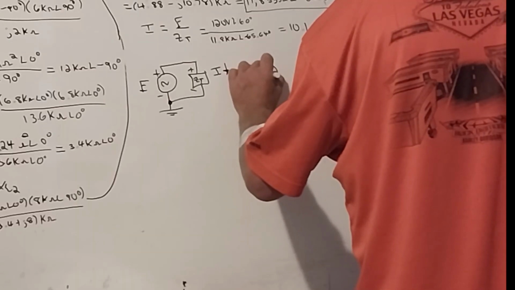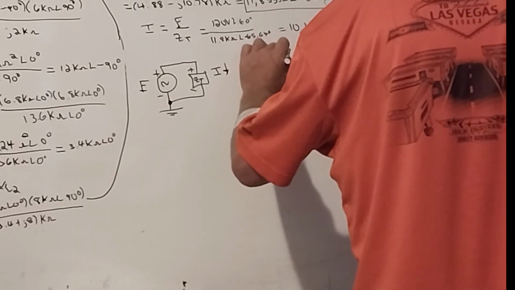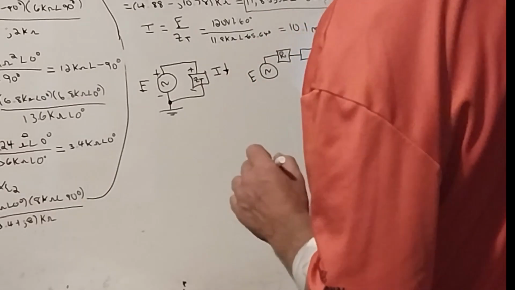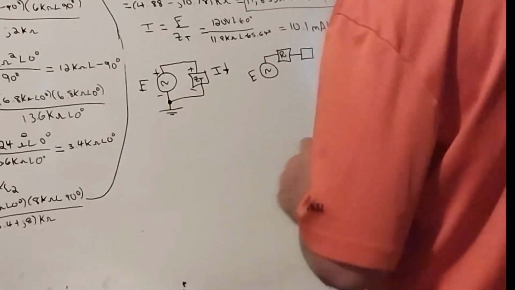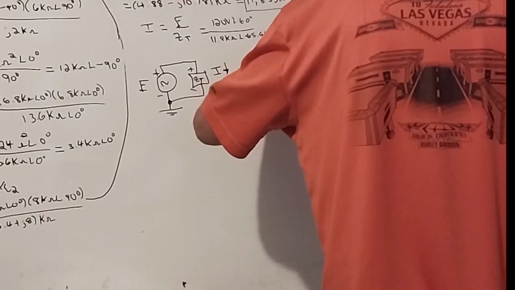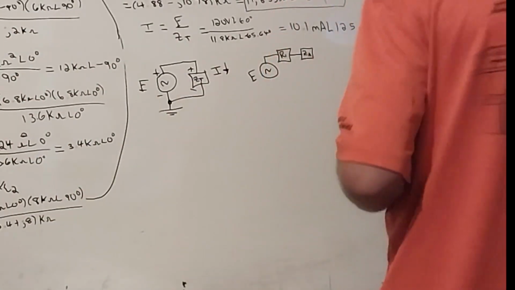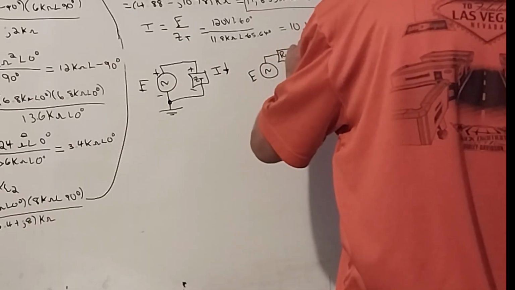Well, let's redraw the circuit again. We have R1. Then we have Z sub 1, then Z sub C. Z sub A. That's what Z sub T is, Z sub A. And now that I look at it, in one of the circuits I drew I put Z sub 1.